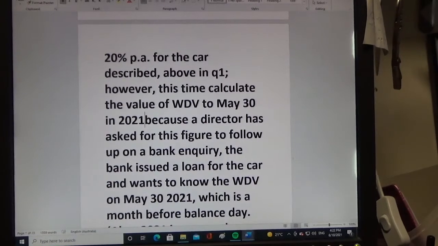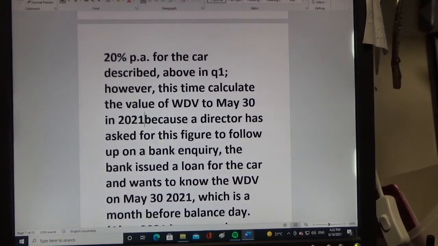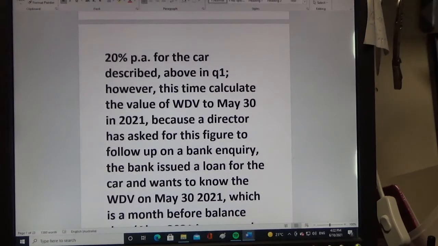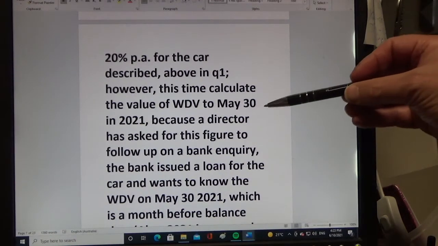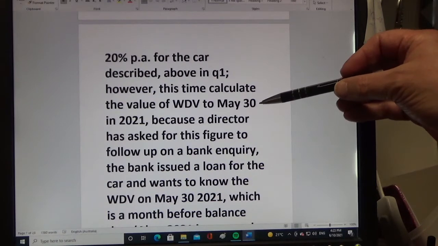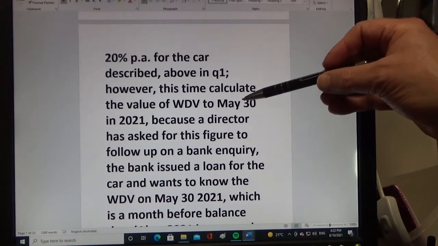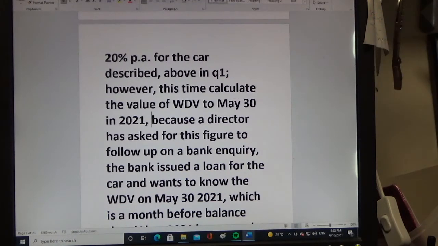Now, why May the 30th? Well, the bank has called a director and they need that figure for current written down value because the car's on a loan, and the bank is requiring this data. So we're not calculating the asset to June the 30th, the balance day. It's this special case of May the 30th in the final year because the bank needs it.